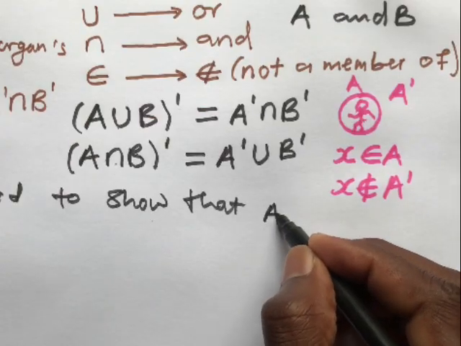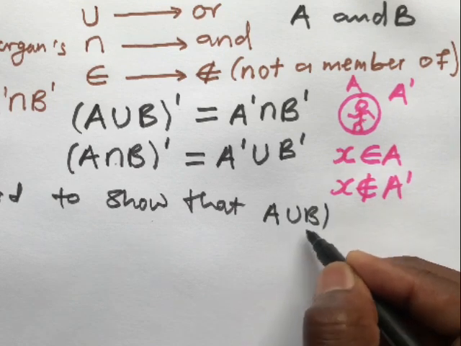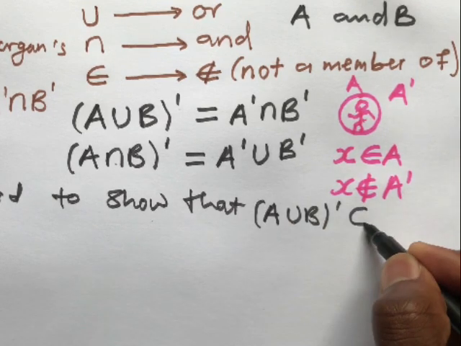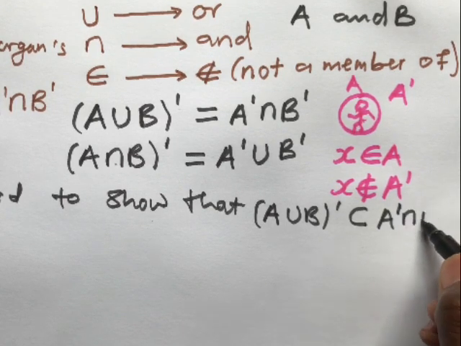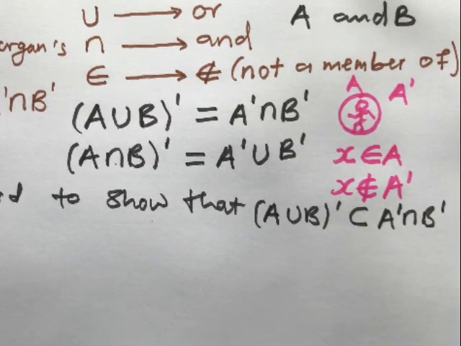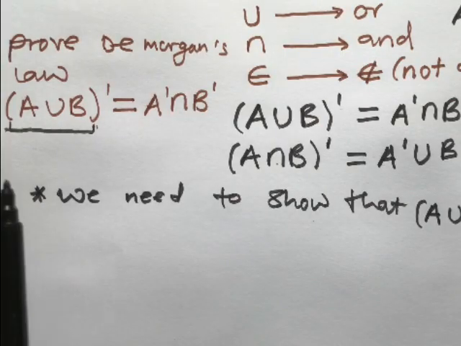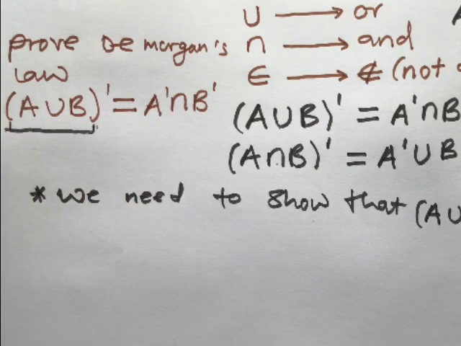So I'll say we have to show that A union B complement is a subset of A complement intersection B complement, meaning that you are moving from the left hand side to the right hand side.